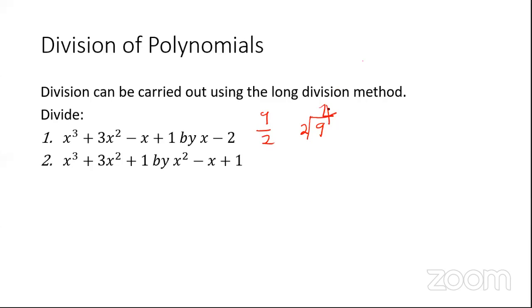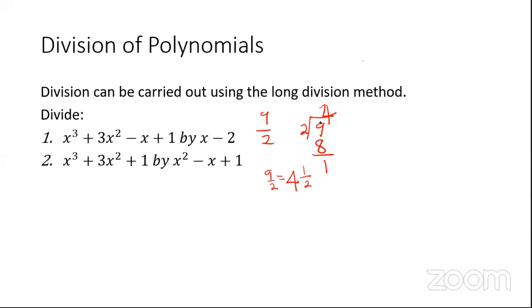Then we say 2 times 4 is 8. We write 8 here. Then 9 minus 8 is 1. So at the end of the day, 9 over 2 is the same thing as 4 whole number, 1 over 2. Am I right? I think that's the way we learned it then. Let's look at what we have used here.